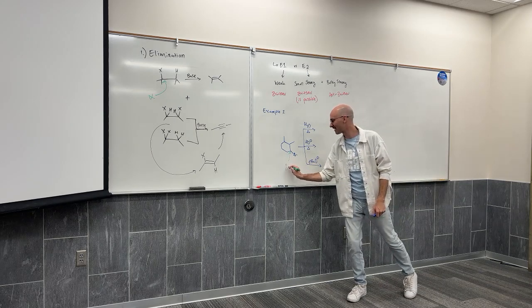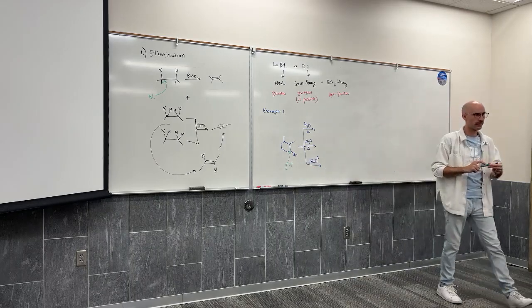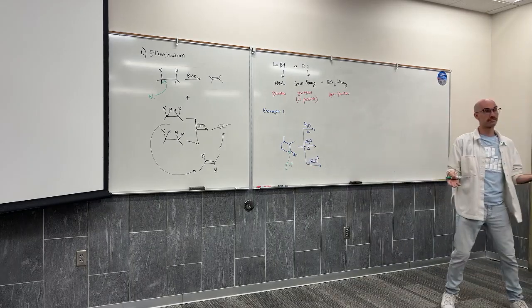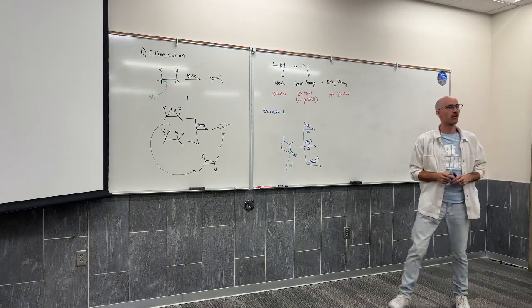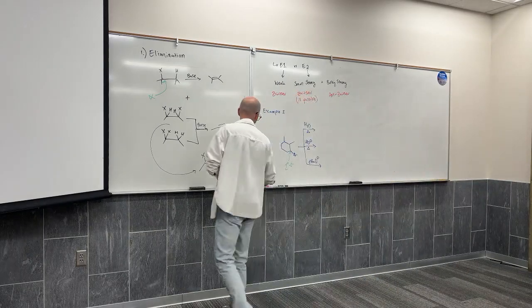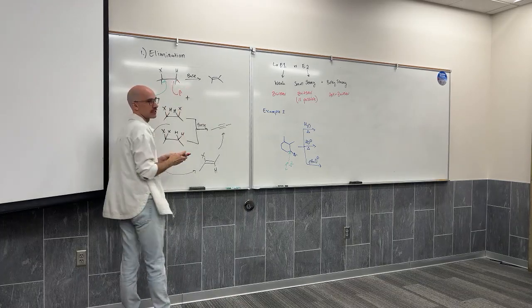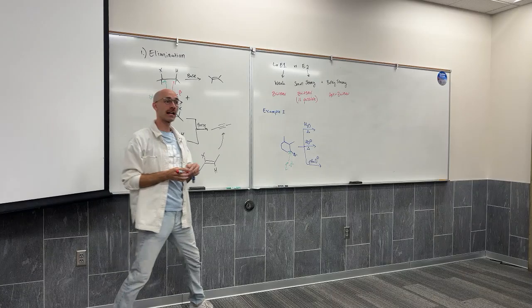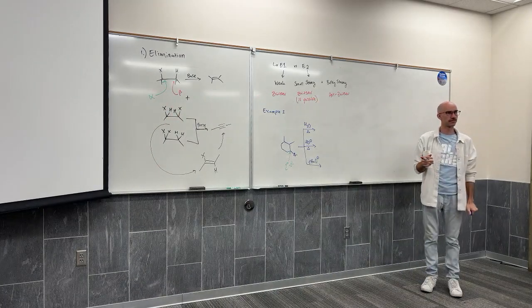Why is this a secondary alpha carbon? That carbon is bound to 2 other carbons. What is attached to alpha is called beta, and this is where the hydrogens are. So we look at the beta hydrogens in elimination reactions.